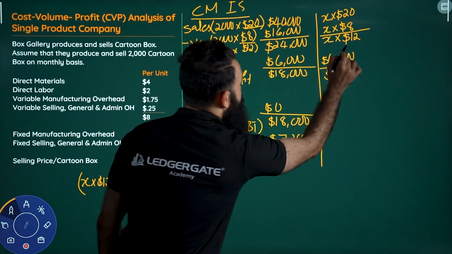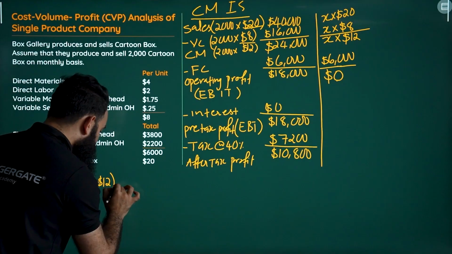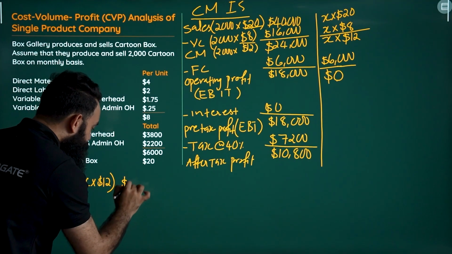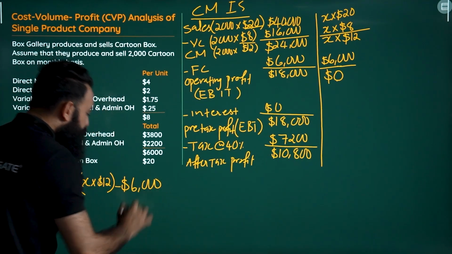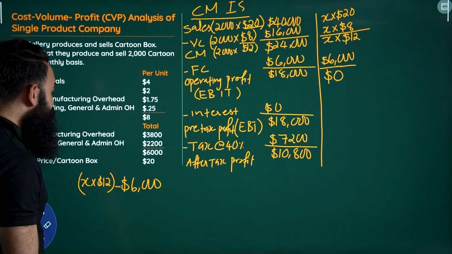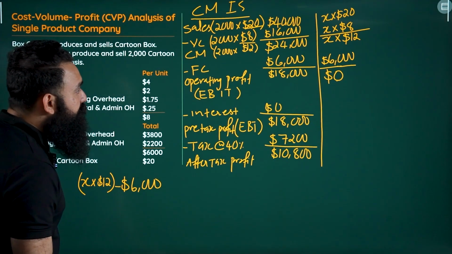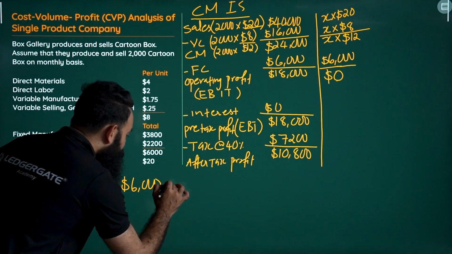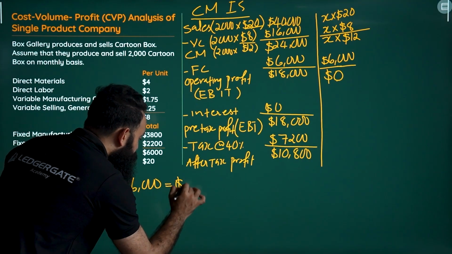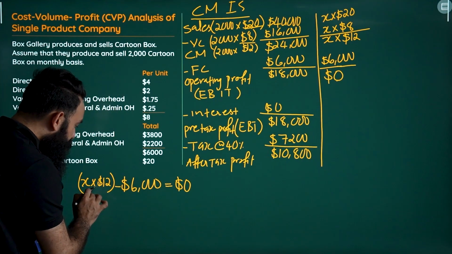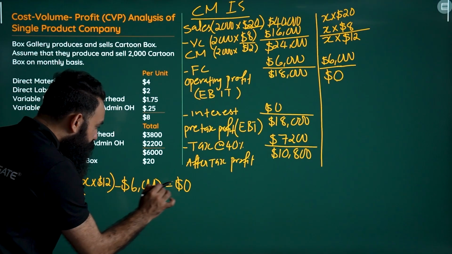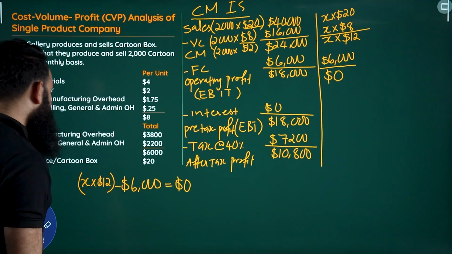From this contribution margin, if we deduct $6,000, where are we gonna reach? We are gonna reach at profit. What is our profit? That is equal to 0. So contribution margin minus fixed cost is equal to 0, right?